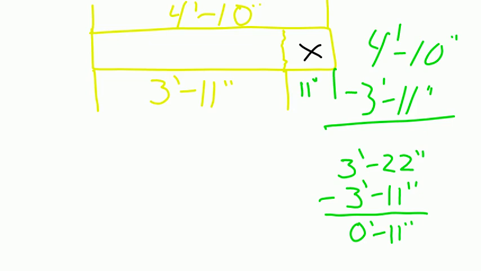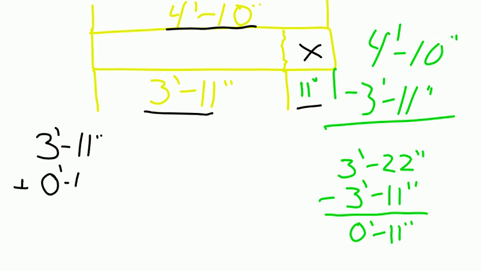To double check our math, we can take the piece that we cut, add on our fall off, and we should end up with the length of the original piece. So let's try that. If we take 3 feet 11 inches, add 0 feet 11 inches, 11 plus 11 is 22, 3 plus 0 is 3, so you have 3 feet 22 inches.